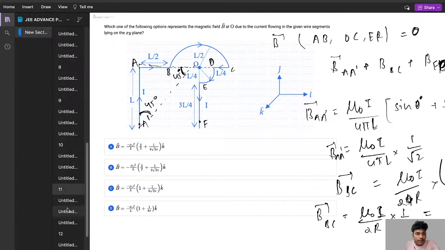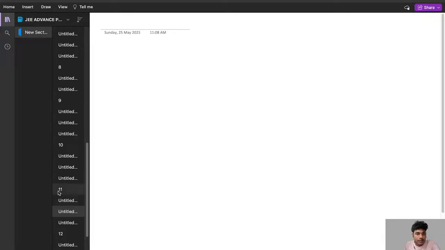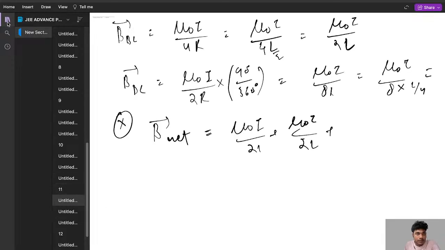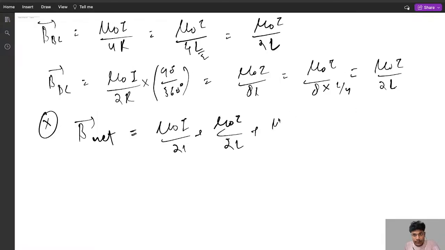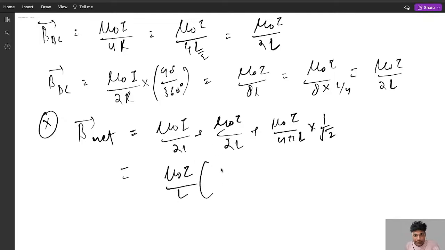Okay, mu naught I upon 4 pi, that is L into 1 upon root 2. From here we get mu naught I L. If I take it out, what we get is mu naught I L 1 upon 4 pi root 2, 4 root 2 times pi, right?